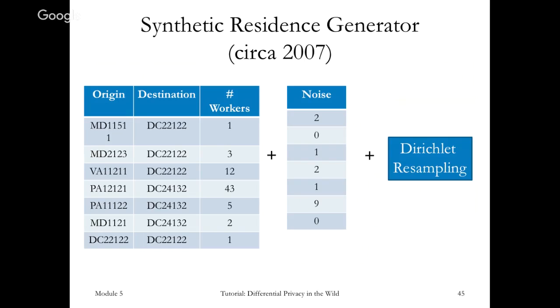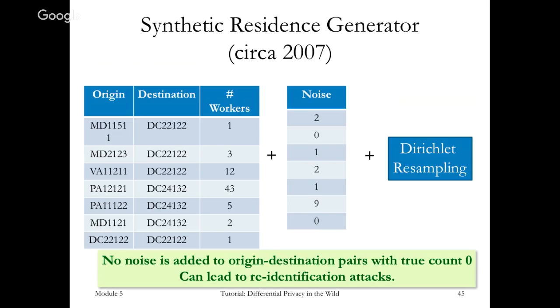Okay? While I'm not going to go into the details here, the main point was that if a specific origin destination pair did not appear in the table, that is, there was no person who lived in some block and worked in some block, that count was 0, then they did not add noise to it. Okay? But because they didn't add noise to those origin destination blocks that did not appear in the true data set, you can actually create re-identification attacks.